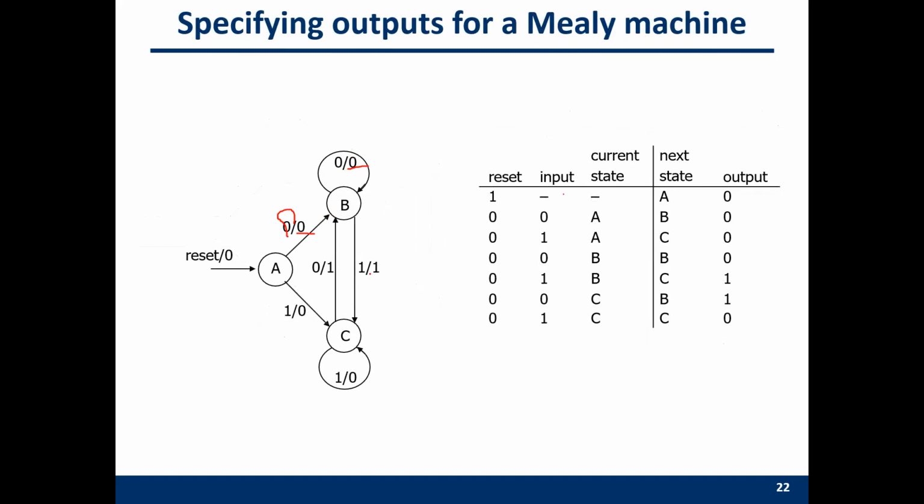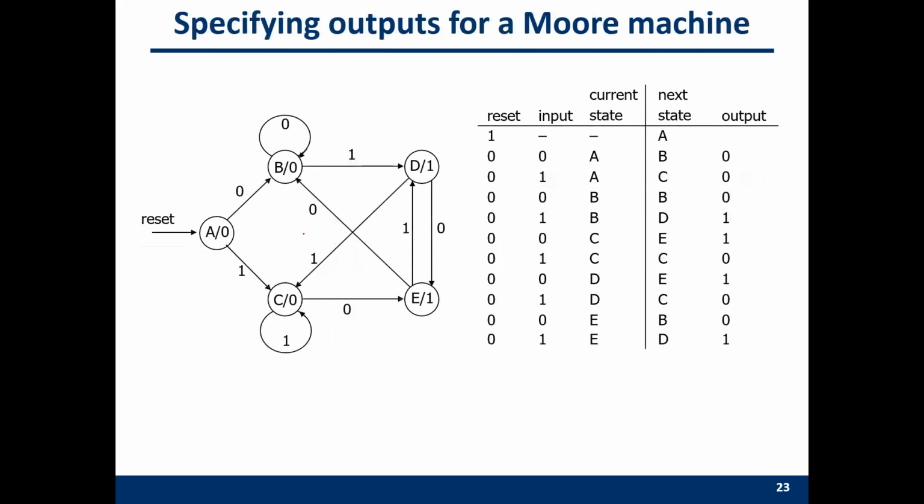It is also possible for B to output a 1. So B has to be divided into 2 states in the equivalent Moore machine. B can be divided into the B output 0 and D output 1.